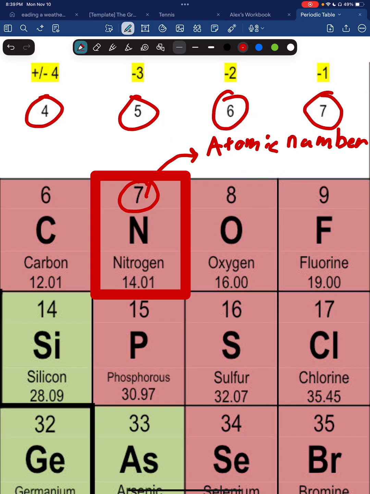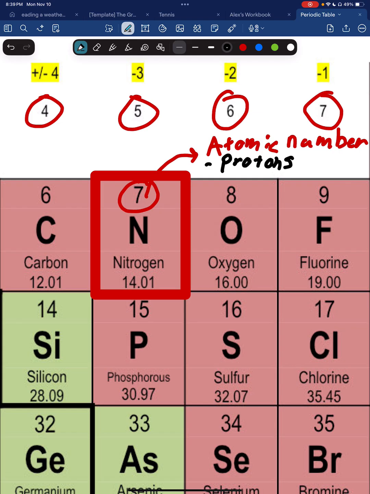Your atomic number tells you quite a bit of information. First of all, your atomic number is your identity part of your atom. So when I said which subatomic particle gives you the identity of the atom, I am specifically talking about the subatomic particle known as protons. Okay, so the number of protons gives the identity of our atom or the identity of our element.